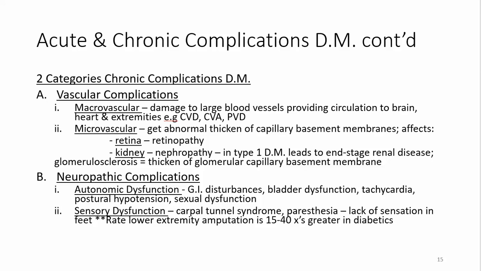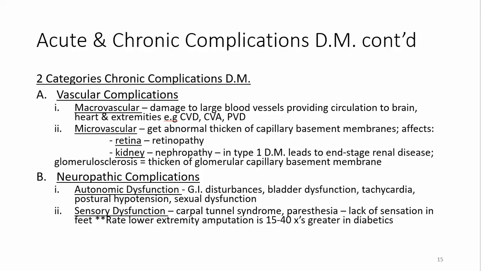So the other problem is neuropathic. Now, sometimes there's a line between what's microvascular and neuropathic, but basically, the big problem is autonomic dysfunction. So GI disturbances, tachycardia, postural hypotension, sexual dysfunction.